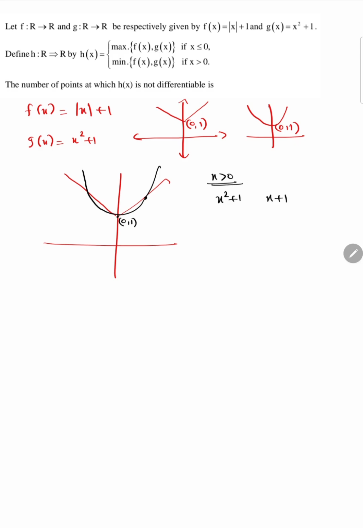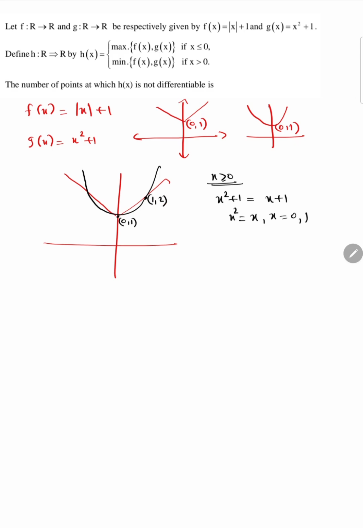When x is greater than 0, mod x plus 1 is x plus 1. Equate them: x square equal to x, so x will be 0 or 1. So the points of intersection are 0, 1 and 1, 2. That's how you can get this point of intersection.